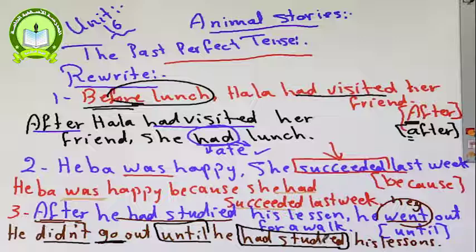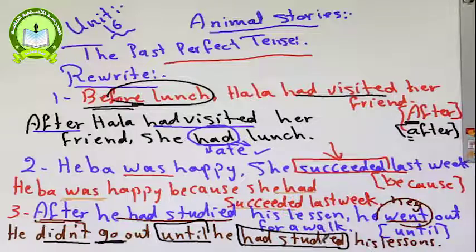You should remember the connectors after, as soon as, because, and as, and this is a group, and the other group is before, by the time, when, and so, and that's why. This is another group. And also you should know that before or by, when they are followed by a time in the past, they are followed by past perfect.